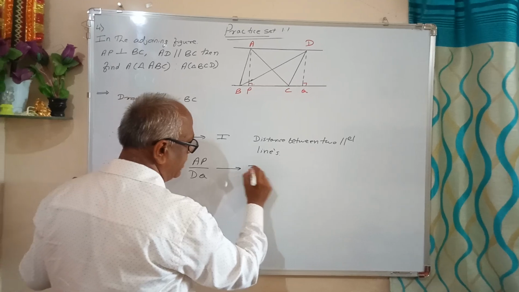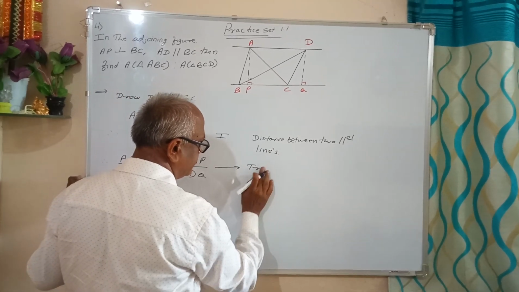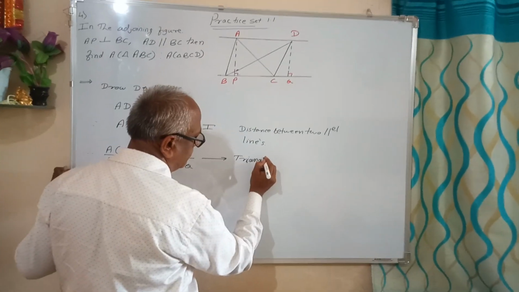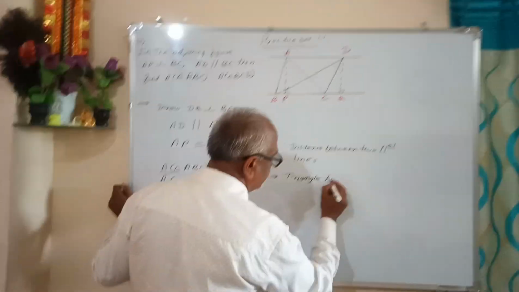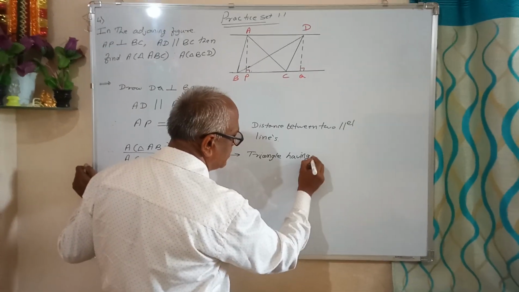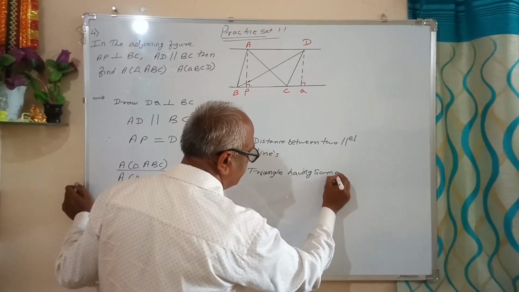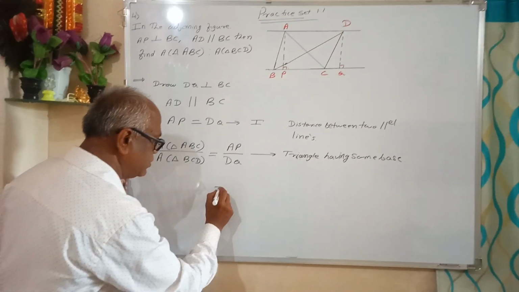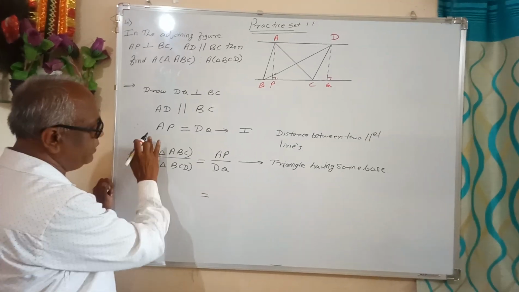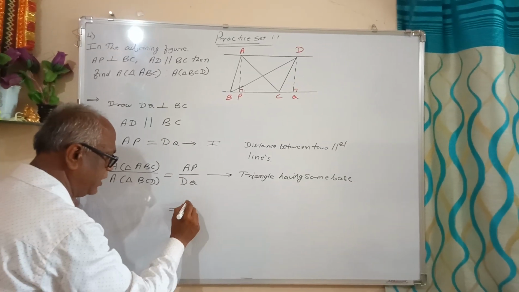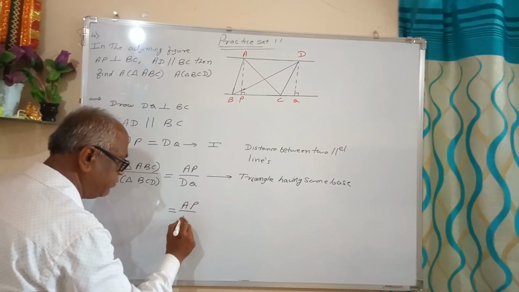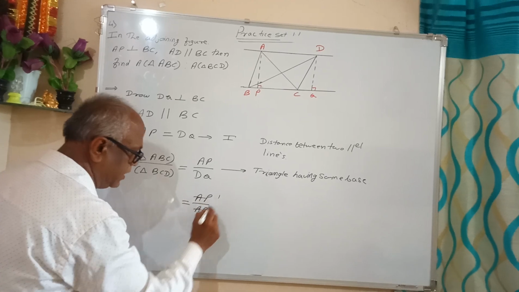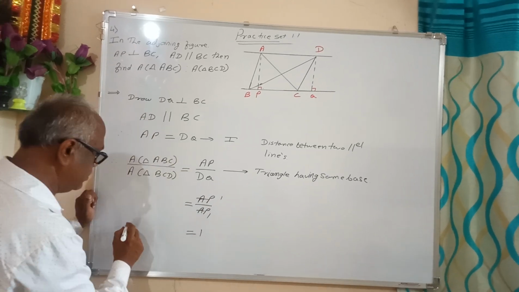That is, triangles having the same base, which is equal to, now AP is equal to DQ, therefore AP upon AP, that is AP gets cancelled, which is equal to 1.